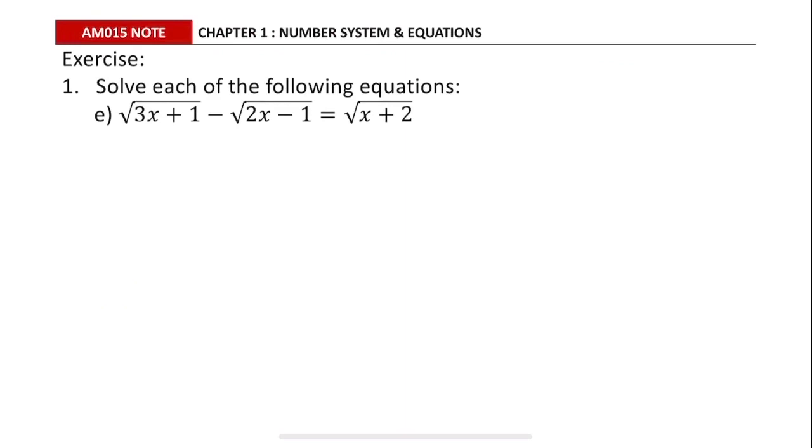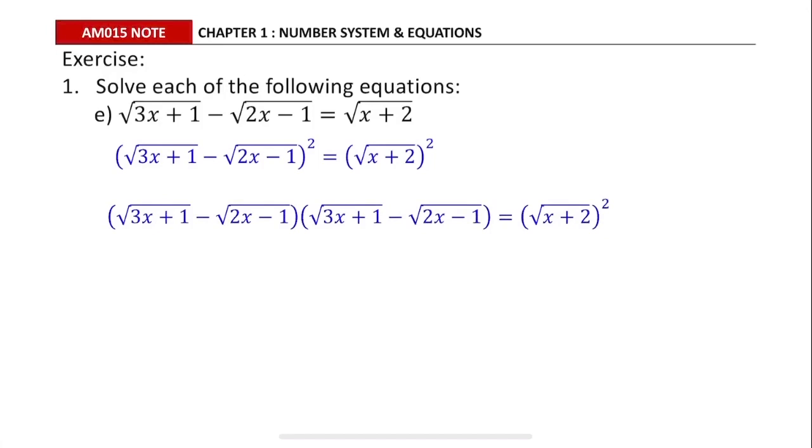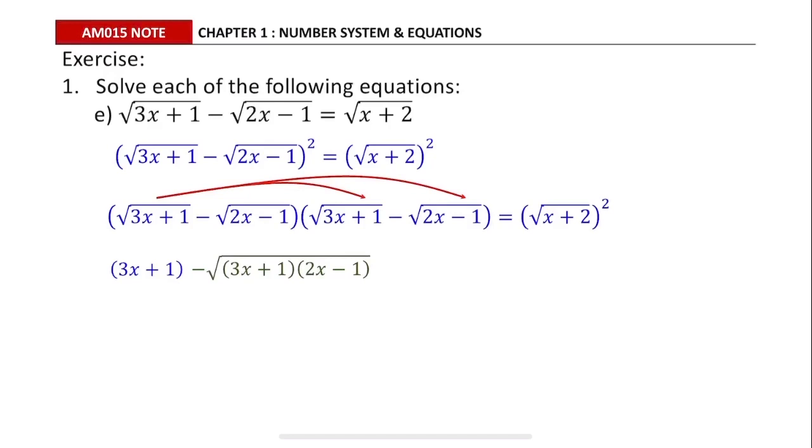This question involves three surds. So we will just directly square both sides. Expand the left side one by one. Square root of 3x plus 1 multiplied by itself will equal 3x plus 1. Square root of 3x plus 1 multiplied by negative square root of 2x minus 1 can be expressed as a single surd where we multiply the radicands. And the same goes for this one.